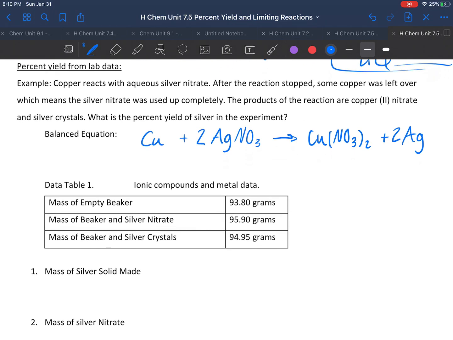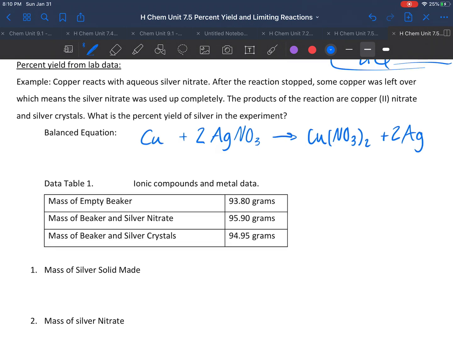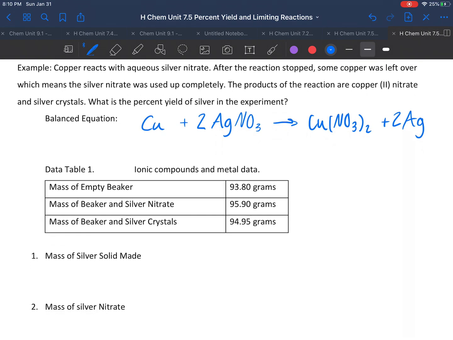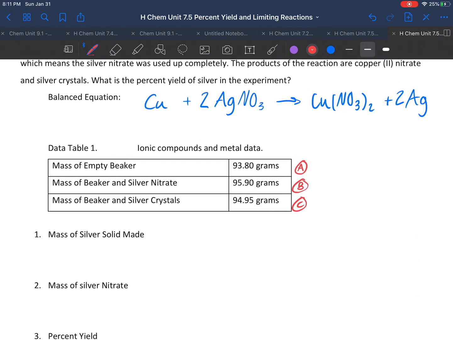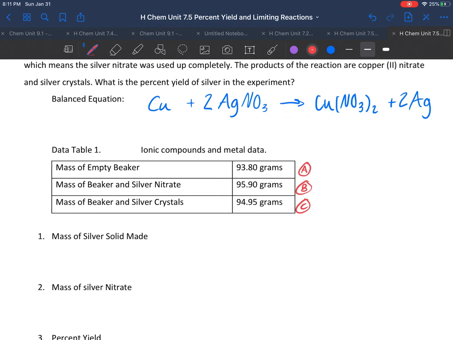Table 1. Here is the collected data from lab. And so for simplicity's sake, I'm going to label these as values A, B, and C, so I can show you guys what I'm using for each problem here. So I kind of broke down the steps. The first thing is we need to figure out what the mass of silver solid is that was made.